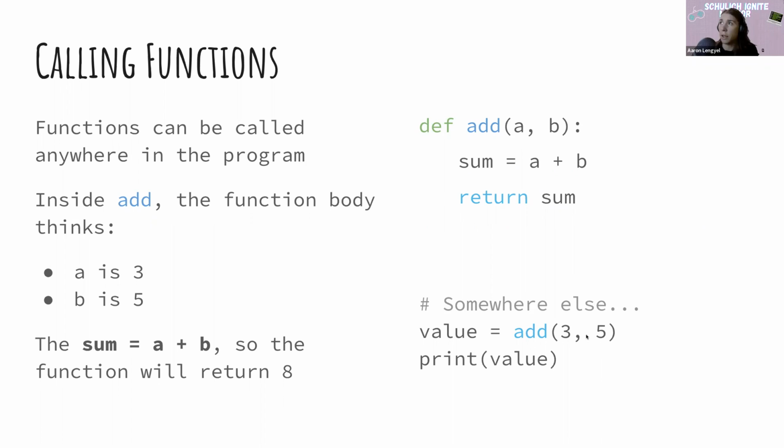So the values are almost copied. Then we add A and B, put that into the sum, and return this sum variable that we defined in our function, right? This sum variable is only available inside add. Once add returns it, or once add ends, sum no longer exists. So we can't use sum outside of that function, right?